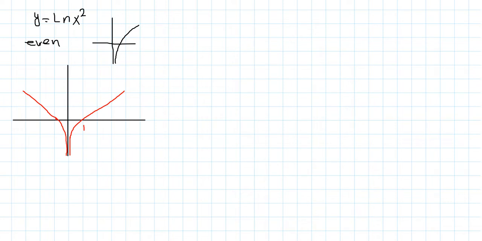Now the second graph, y equal ln x squared plus 2. In ln we have only vertical asymptote.